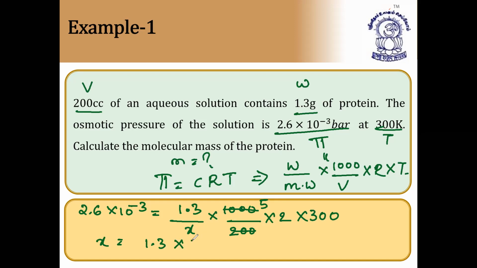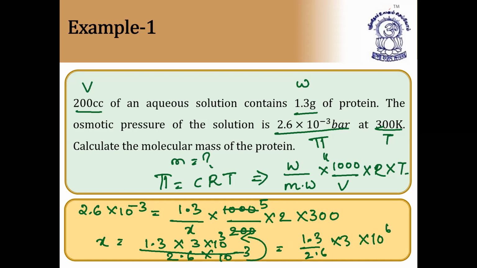So 1.3 into 3000, or 3 into 10 to the power of 3, by 2.6 into 10 to the power of minus 3. So 10 to the power of minus 3 going to the numerator becomes 10 to the power of plus 3. So 1.3 by 2.6 into 3 into 10 to the power of 6. So 1.3 by 2.6 is 1 by 2.